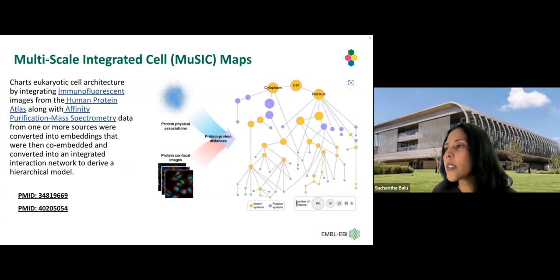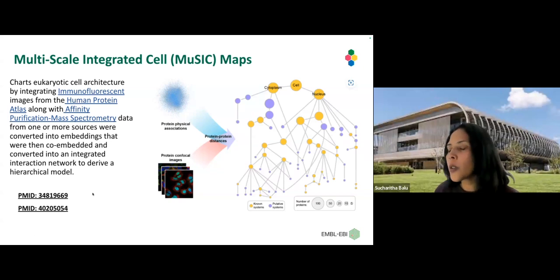The other predicted human complexes come from these multi-scale integrated cell maps. This was a collaborative effort between Trey Ideker and Emma Lundberg's labs. You can read more about it. This work's already been published.